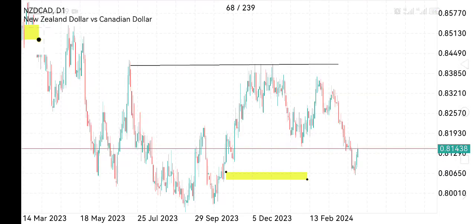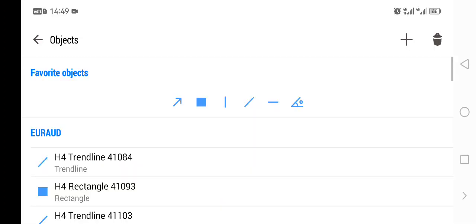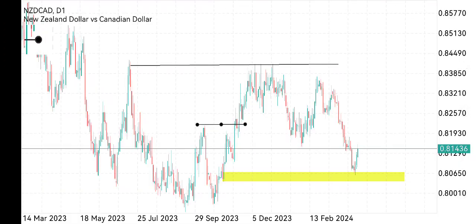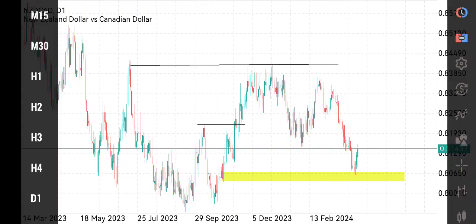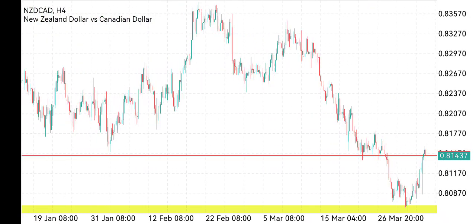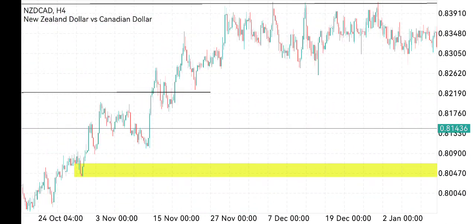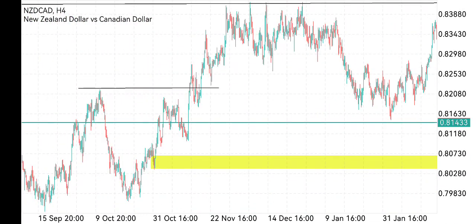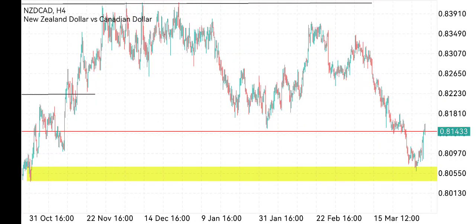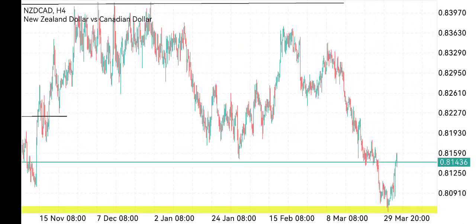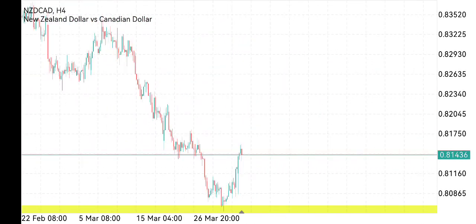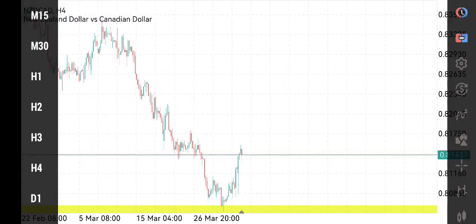And then you have this low respected, took out this high. After taking out that high, they created a new higher high. So on a smaller time frame, H4, you will see that the market came back and retested the zone nicely on H4, right? They retested the zone nicely and respected it.